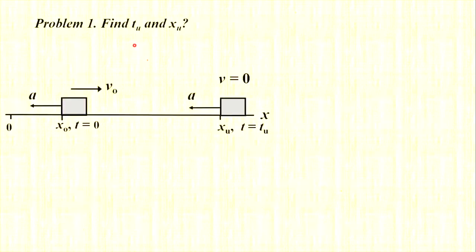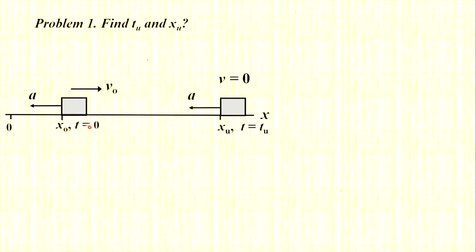The first problem is to find the position and time to arrive at the U-turn point. This point is a specific point and it is important to know it to make a right solution of various problems. So how to solve it?